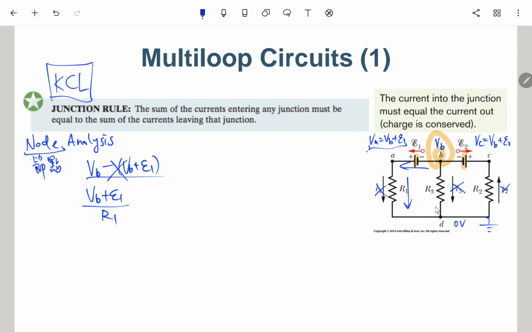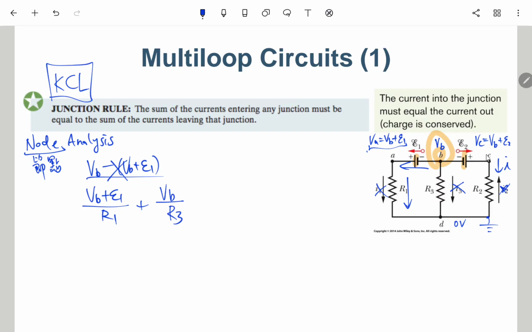And then the second current in the middle is trivial: VB over R3. This is ground, so VB minus 0 all over R3. This is the second current. And for the final current, we also ignore this battery, and consider the current like this, through this path.